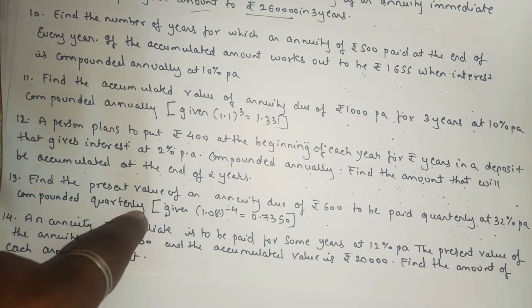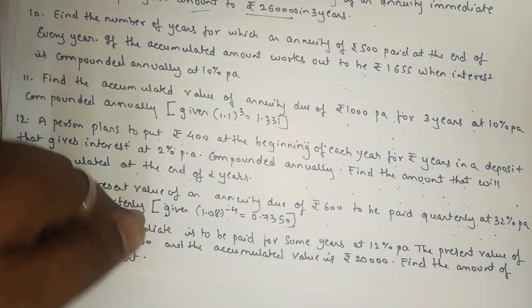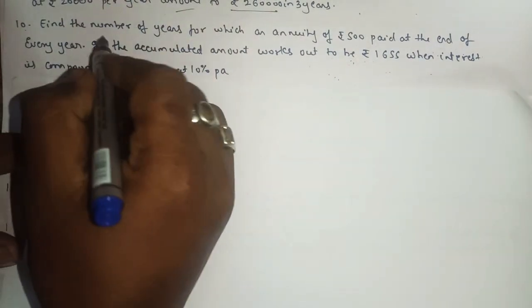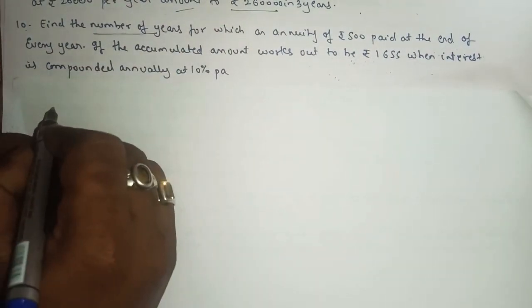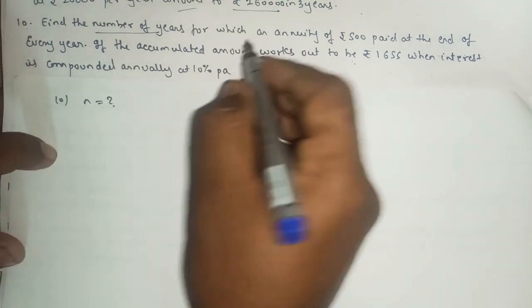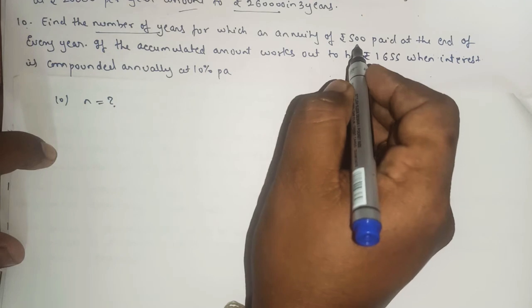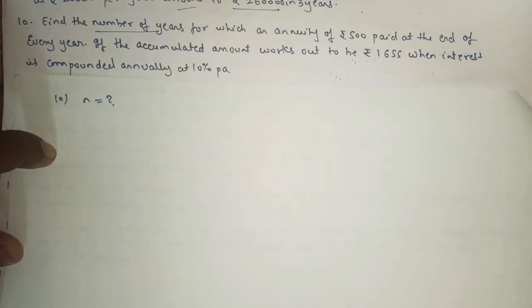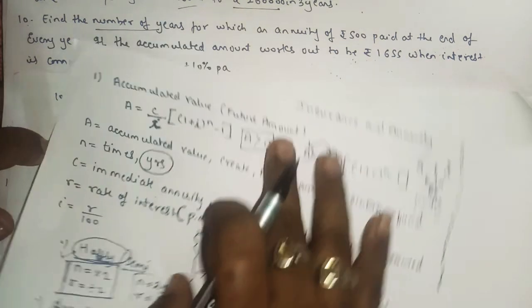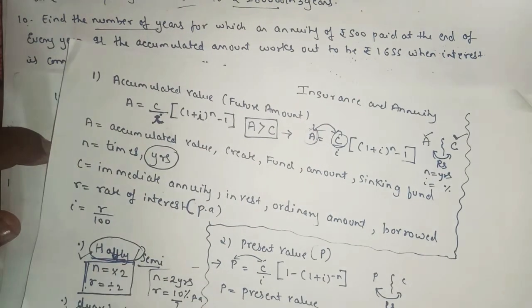Okay, the question number 10th says that we have to find the number of years. That means we have to find the number of years for which an annuity of rupees, so what do you mean by annuity? What do you mean by annuity? Annuity means C. Yes or no?